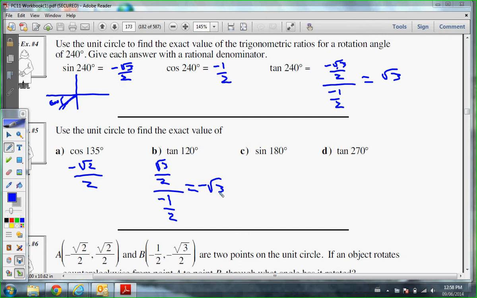Sine of 180, kind of tricky. Sine of 180 would be over here, one of the anchor points. What's sine right here? 0, good.